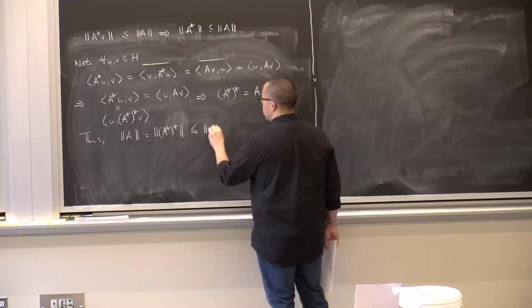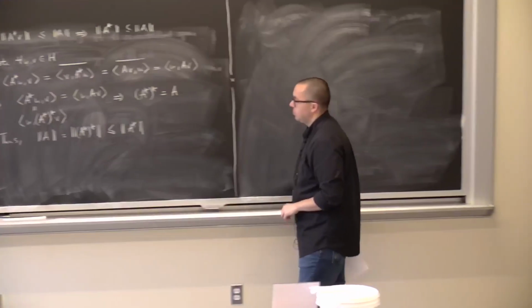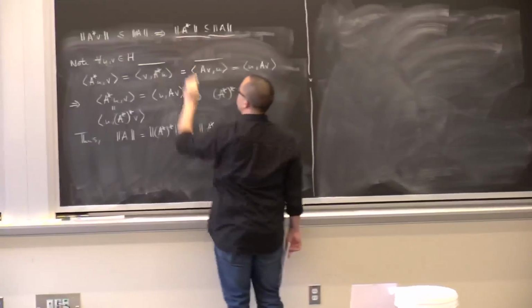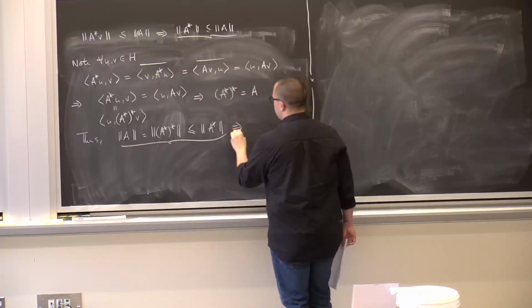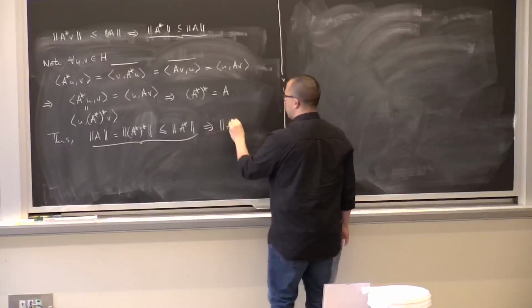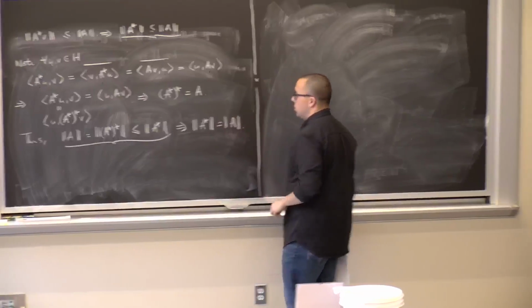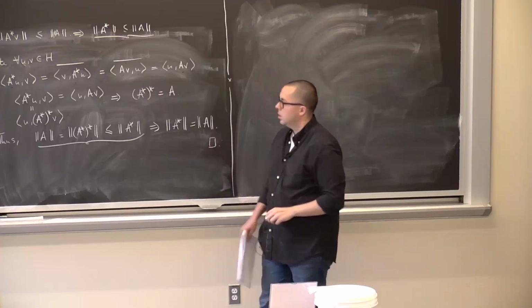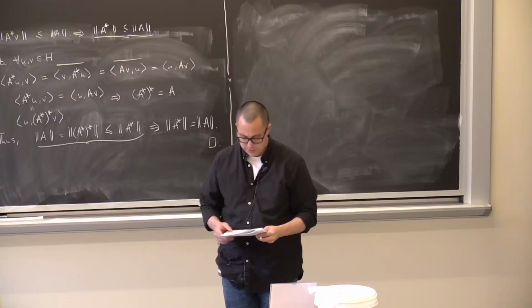So this is less than or equal to the norm of A. And so we have this, and we have this, which implies the norm of the adjoint is equal to the norm of the operator. Okay?